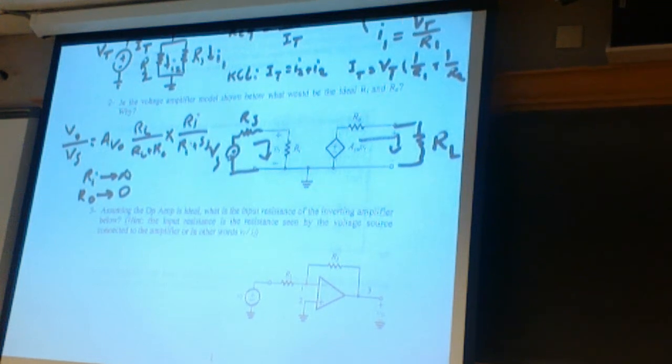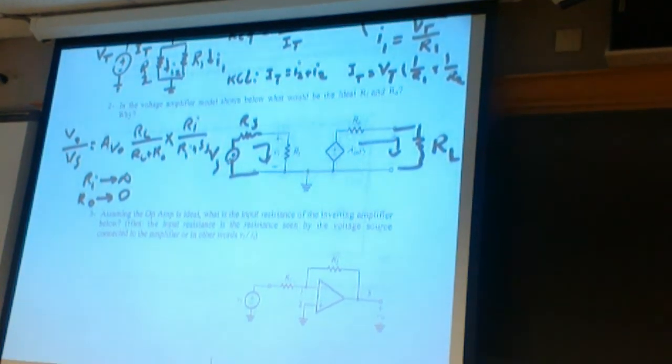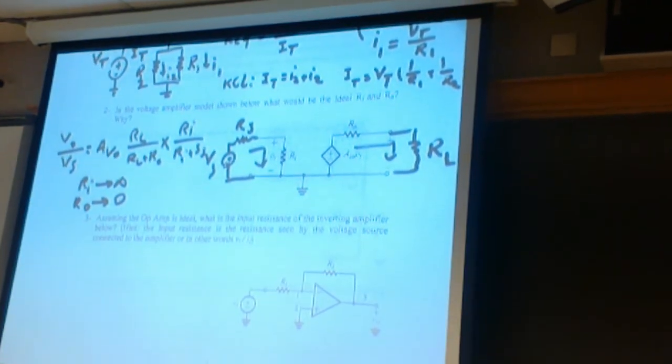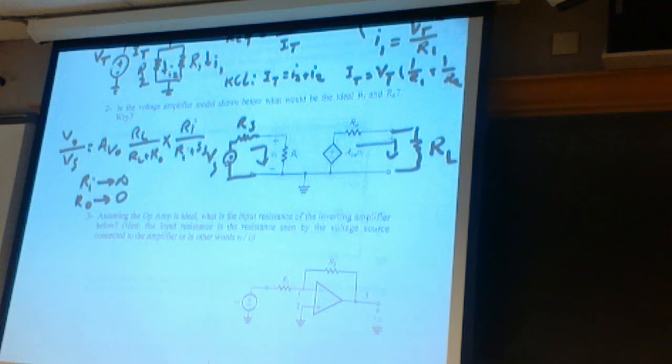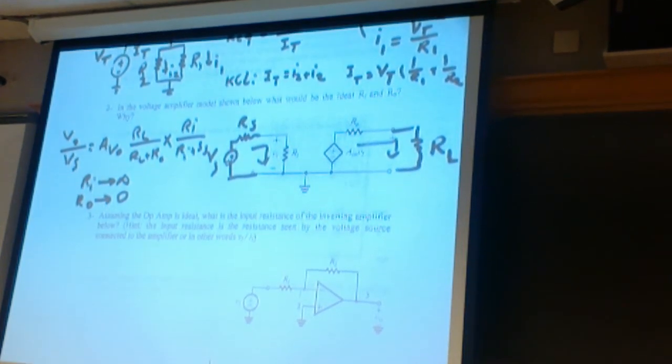RS is the source resistance, the internal resistance that the actual supply will have. You want RS to be as small as possible, but I don't control RS. But you do want RI bigger than RS anyway.